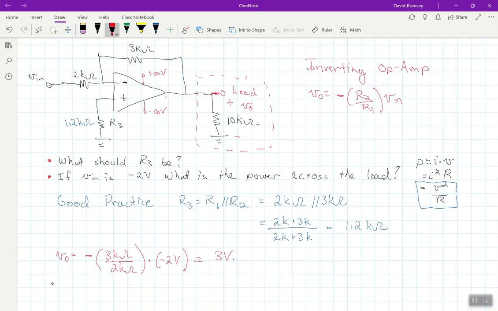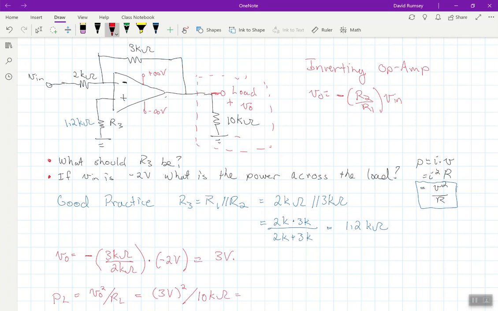But then the power across my load would be my output voltage squared divided by the load resistance, which would be 3 volts squared divided by 10 kilo ohms.